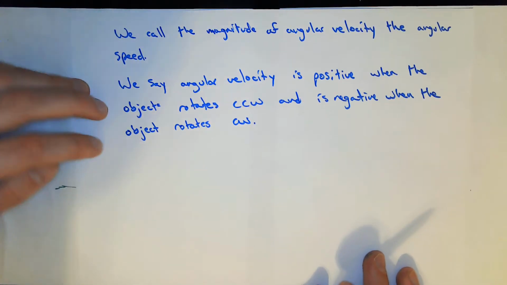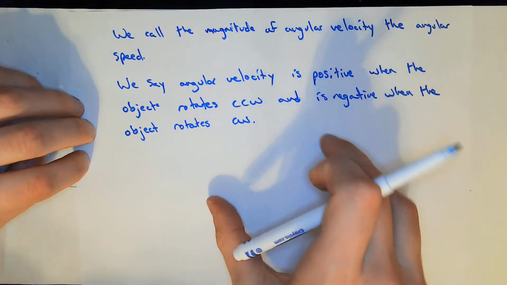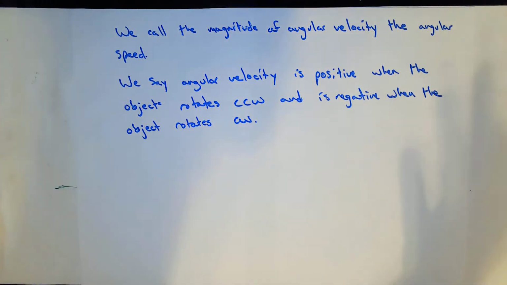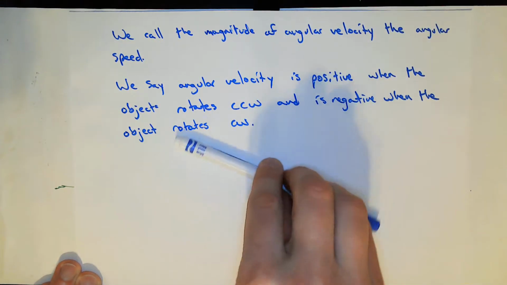So that's the convention. Positive when it's rotating counterclockwise, negative when it's rotating clockwise. That's the same convention you used in trigonometry, right? Angles going this way are positive, angles going this way are negative.